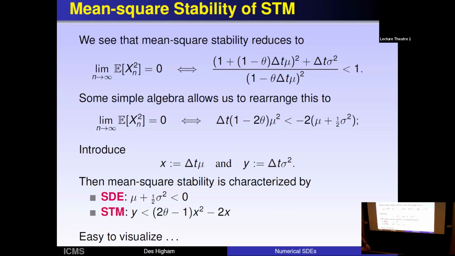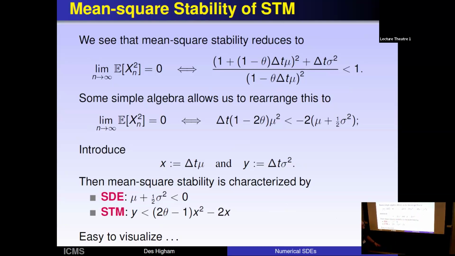And you can rearrange that inequality, and what you find is that it reduces to this inequality. So you've got the step size, you've got your parameter theta in the method, and sigma and mu are the diffusion and drift coefficients of the SDE. We tried to do something analogous to the ODE world. We want to draw pictures and talk about stability regions.